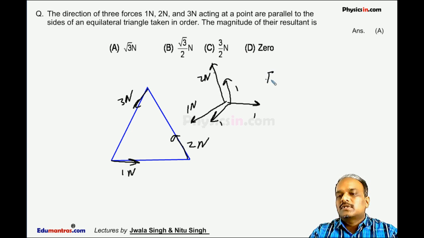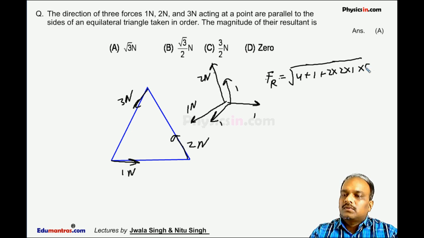So the resultant force Fr is given by root over 2 square plus 1 square plus 2 into 2 into 1 into cos 120 degree.